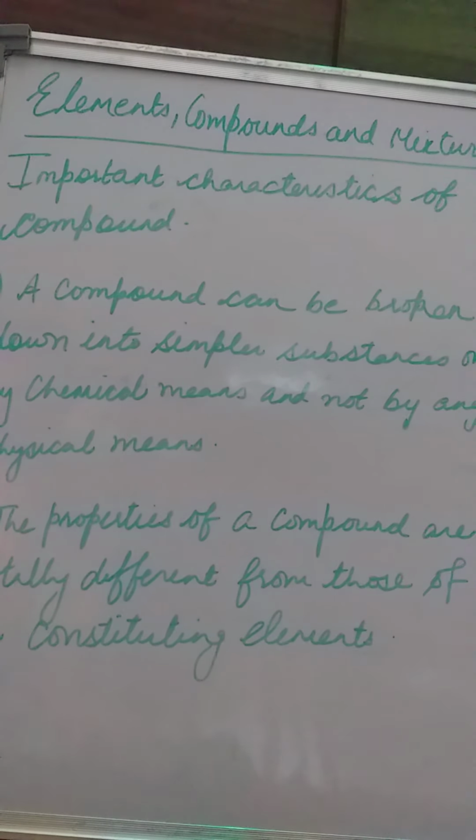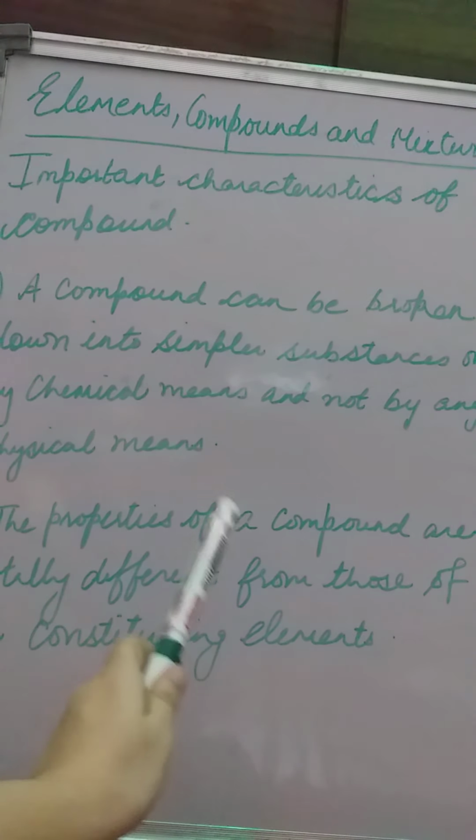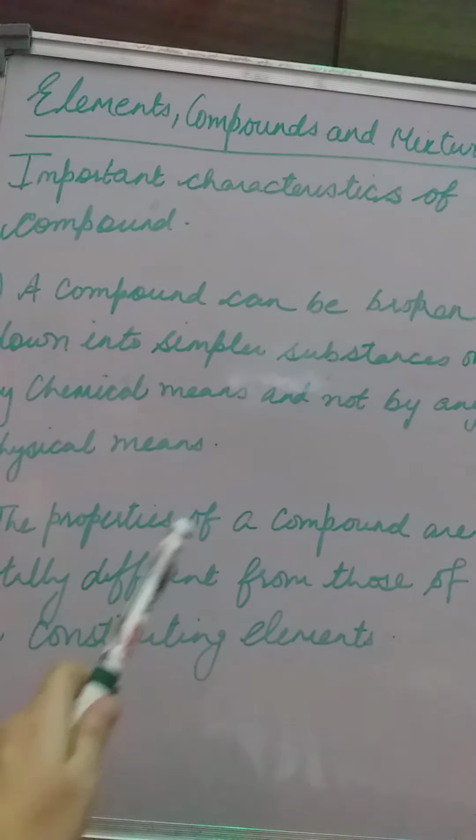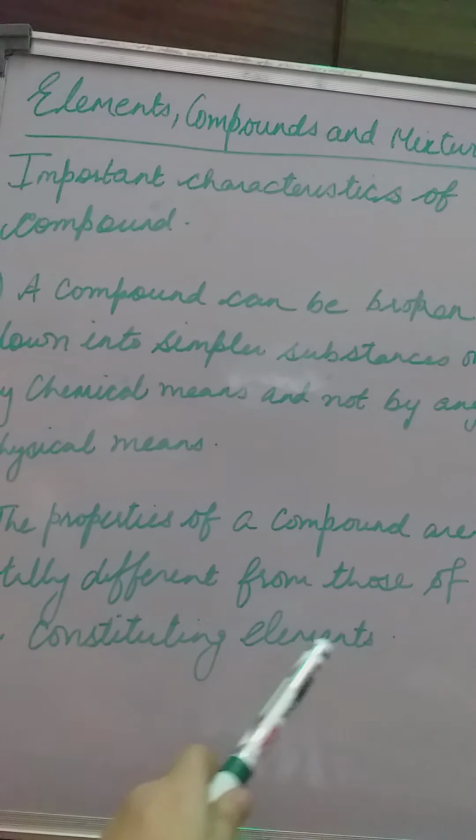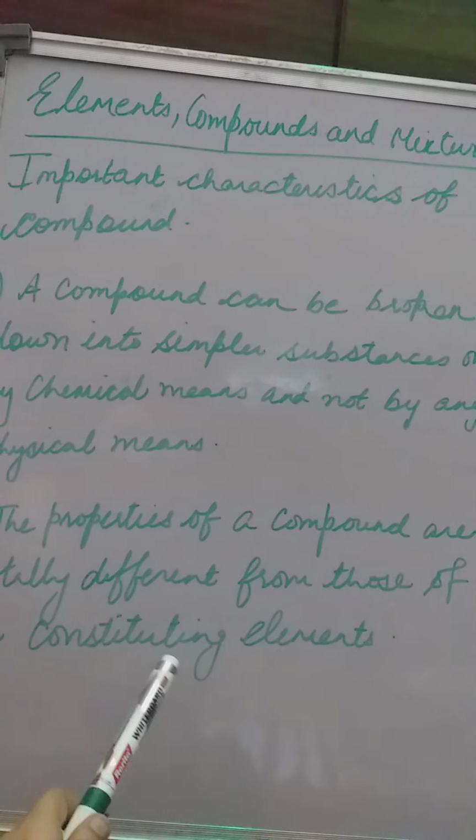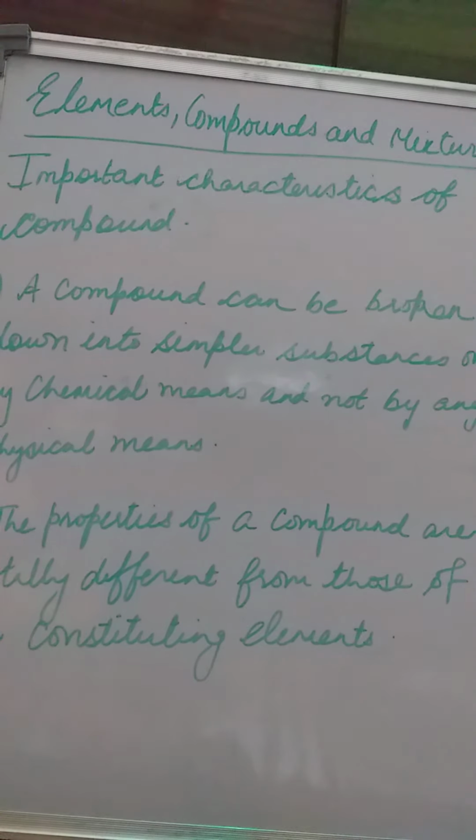Now this process of electrolysis I will explain in my next video, students. Next property is what? The properties of the compound are totally different from those of the constituting elements. Constituting elements means the elements of which the compound is made up. For example, water.